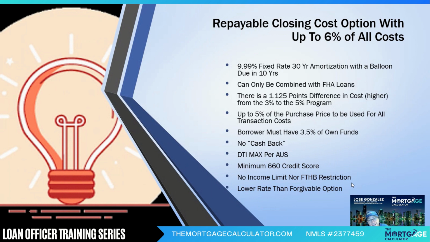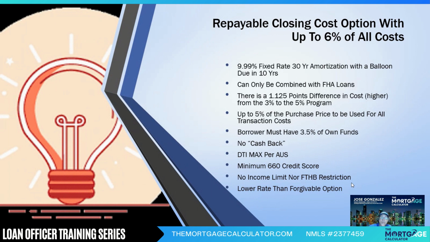Only, I doubt you're ever going to need 6%. That's a pretty high amount if it's a big dollar deal. But if it's only a $100,000 deal, then 6% is only $6,000, right? So sometimes you may need the 6% for the borrowers that want to do the deal with no money.